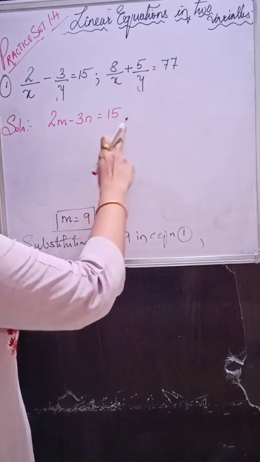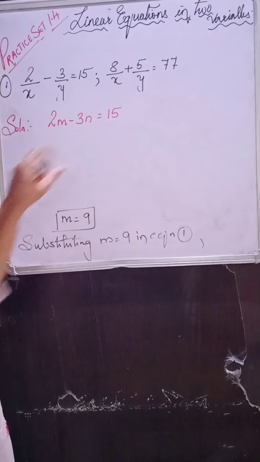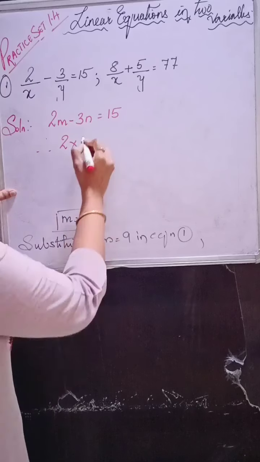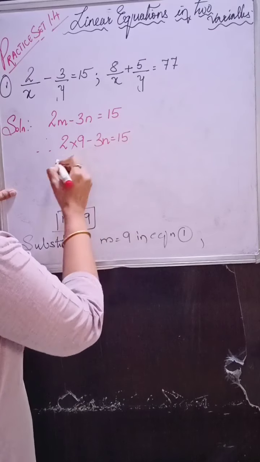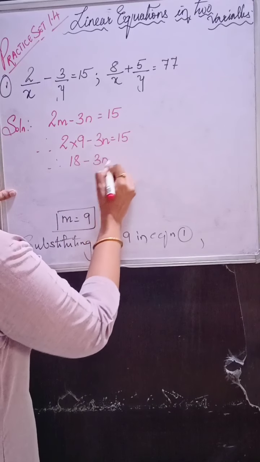This was our equation 1. So I'll substitute m is equal to 9 in equation 1. Therefore, 2 into m, we got 9, minus 3n is equal to 15. So therefore, 18 minus 3n is equal to 15.